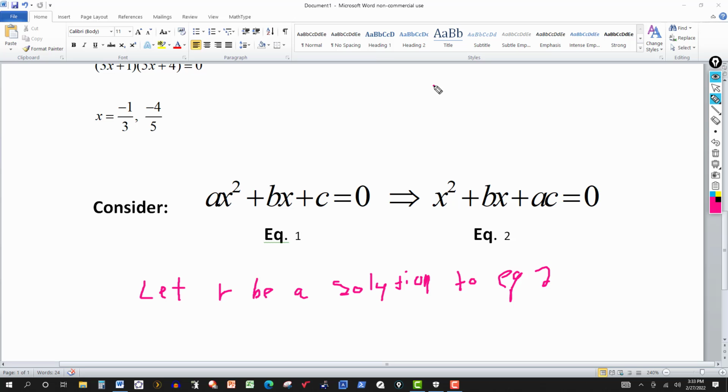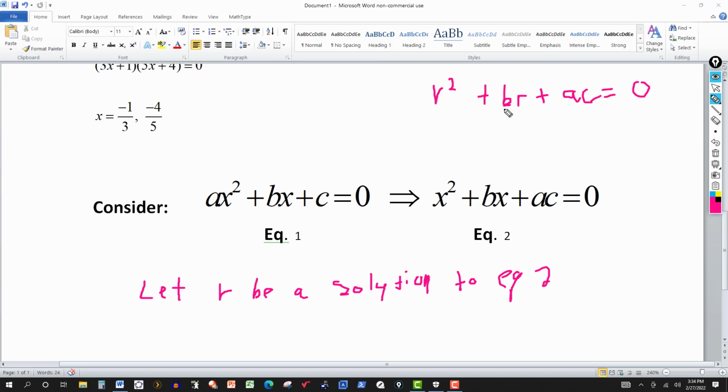If I were to plug those into the modified equation, I would get 0. So that would tell me that replacing the x by r, this becomes r squared plus br plus ac equals 0. That I know for a fact. If r is a solution, this has to be true.